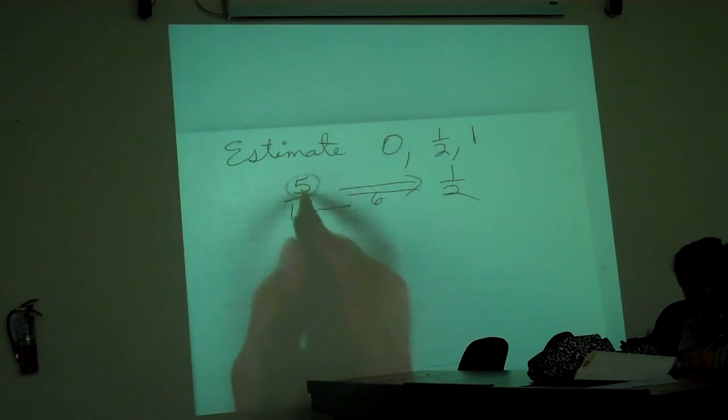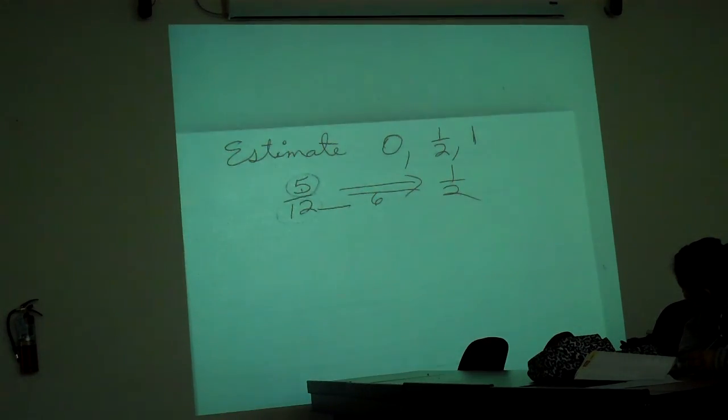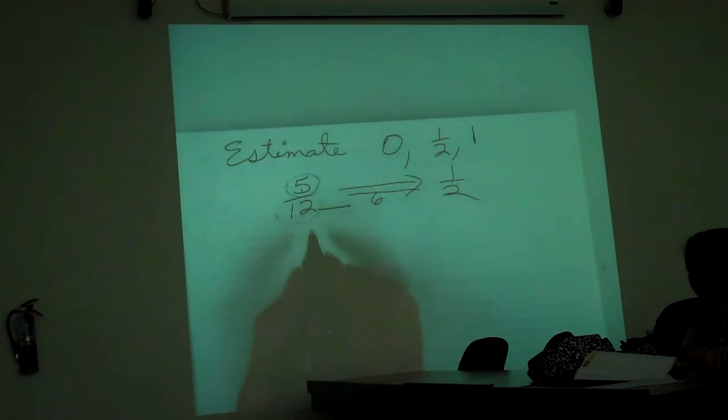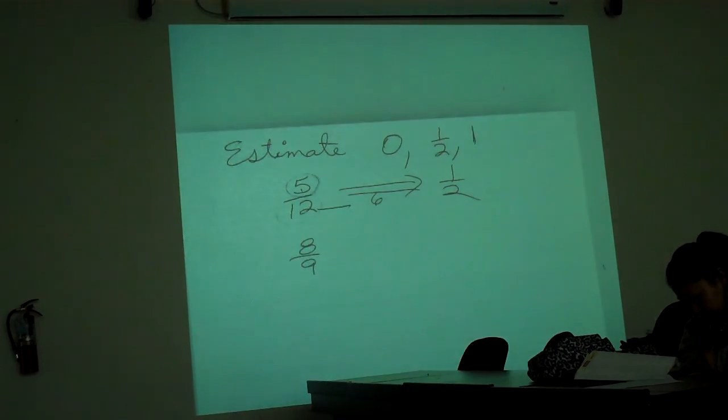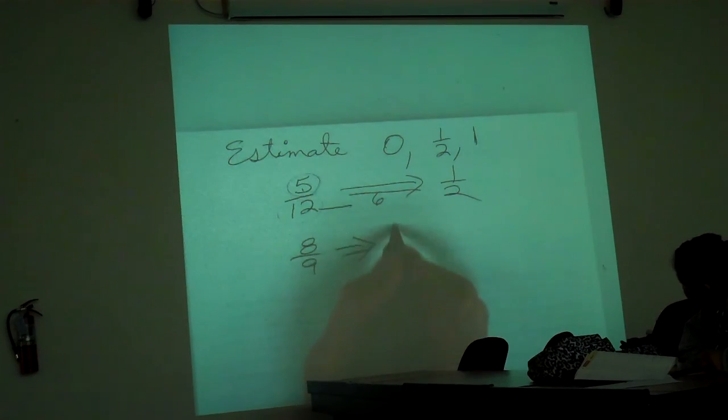As long as the top number is close to 1/2 of the bottom. A little above or a little below. Okay? If you have a problem like 8/9, 8 is almost all of it, right? Almost all of it, so this will estimate to 1.